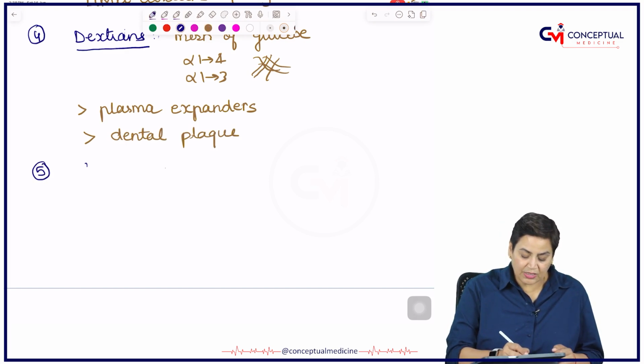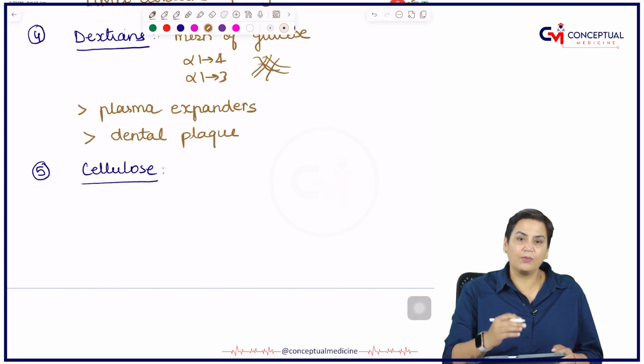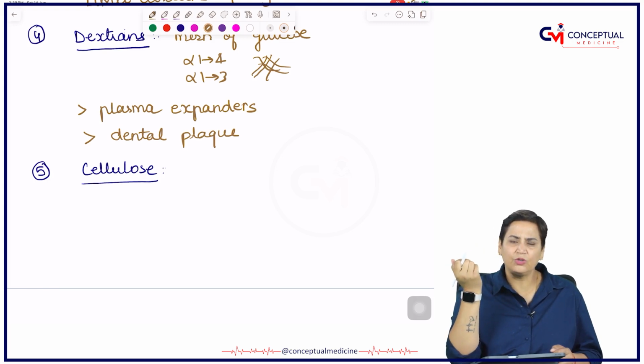Now cellulose is a very, very important insoluble fiber. Nowadays, whenever we talk about the concept of diet, many people are switching over to different diets, and there are different implications of different diets.